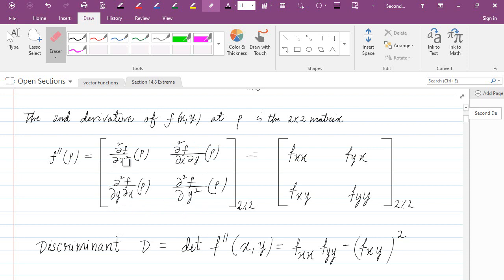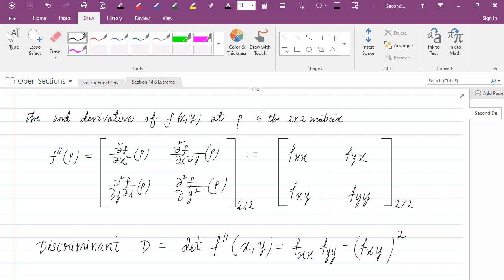And now remember the alternative notations for these partials are fxx, fyx, fxy, and fyy. And so that's the second derivative of f at a given point.